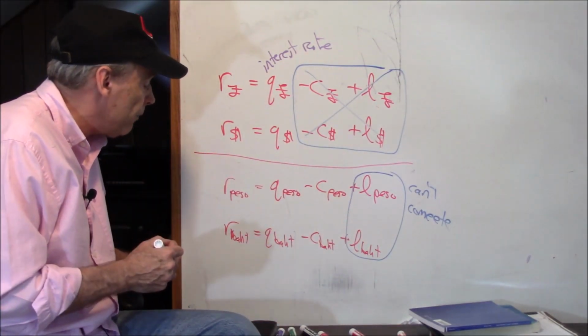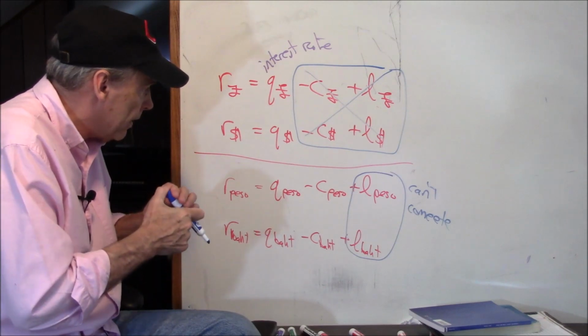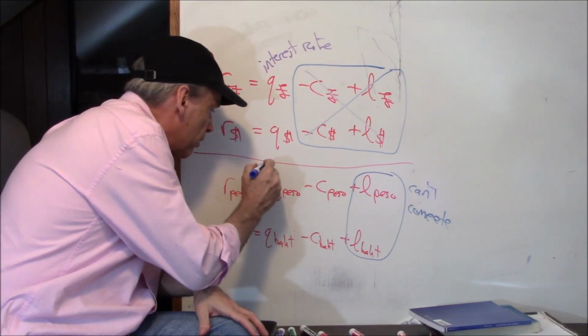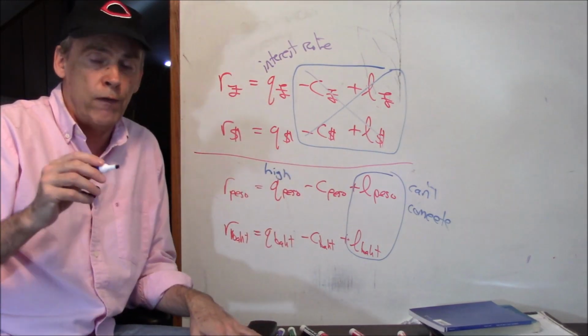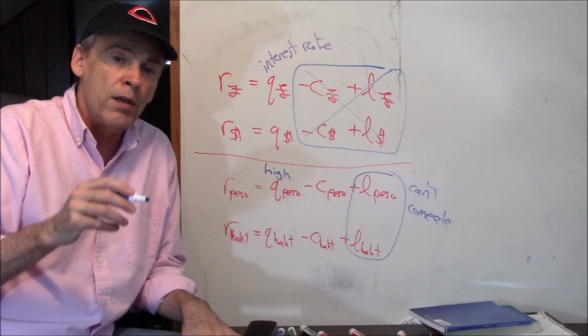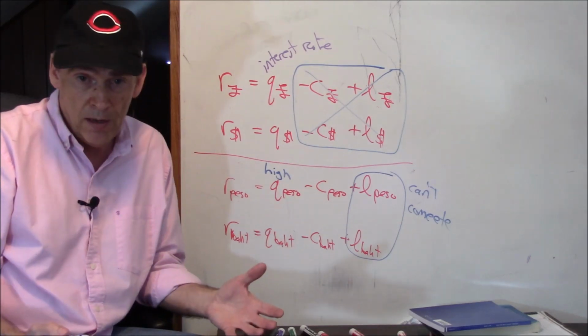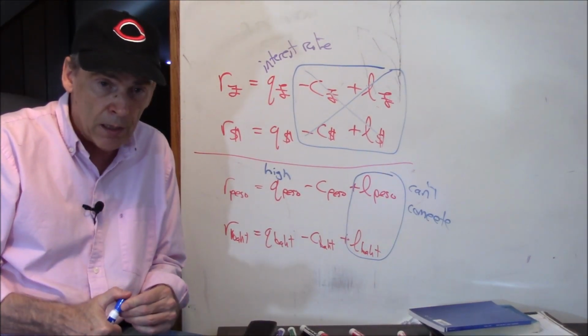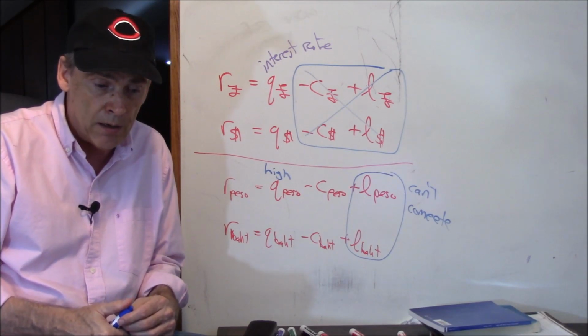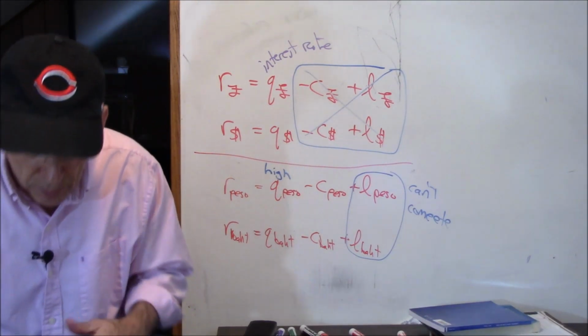So what they're going to have to do is either have very high interest rates to attract your foreign money, which is bad for domestic development. I mean, as you can imagine, if interest rates are really high, then firms aren't investing and people aren't buying anything on debt and so forth.